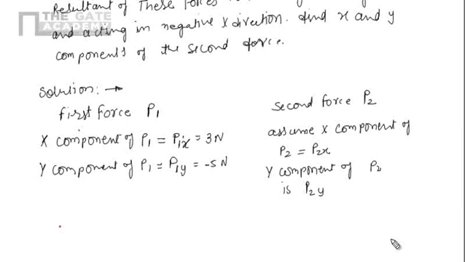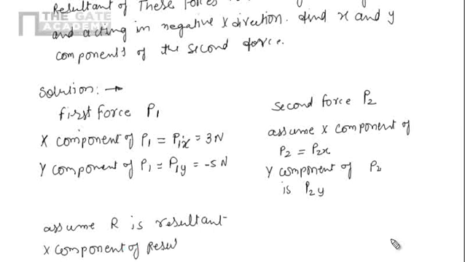And assume R is the resultant. So the x component of the resultant is Rx, and here the resultant will act in the negative x direction and the magnitude is 2 Newton, so minus 2.